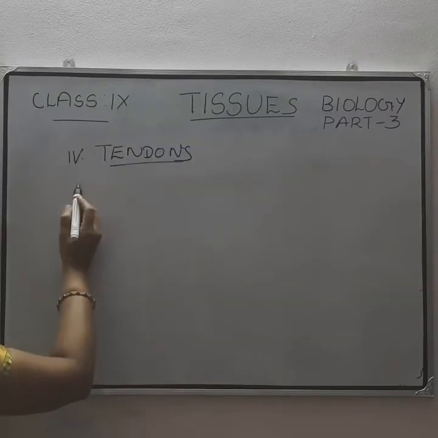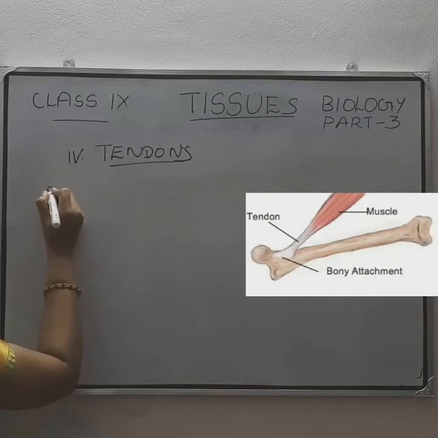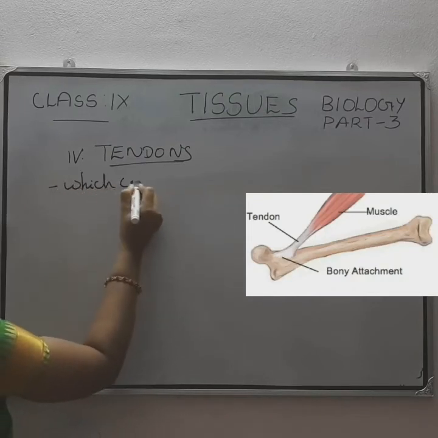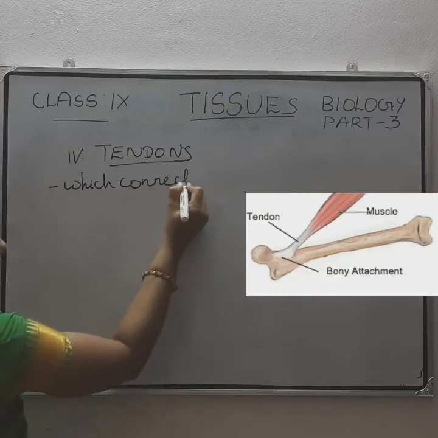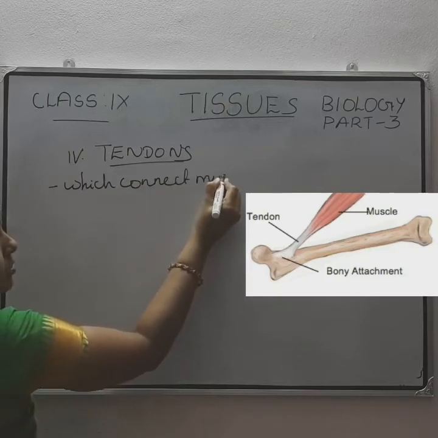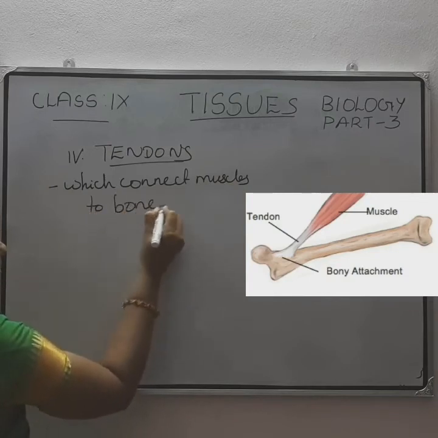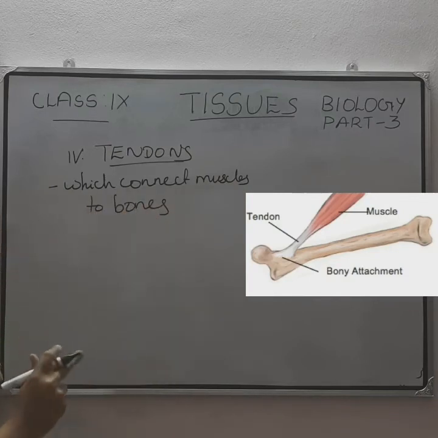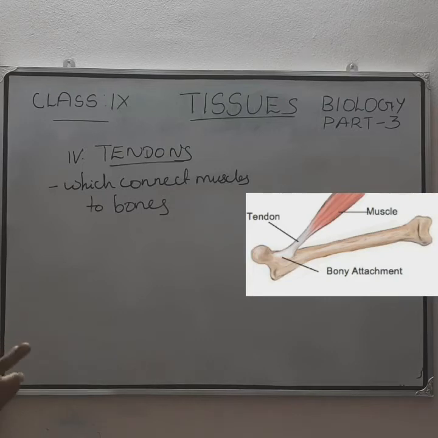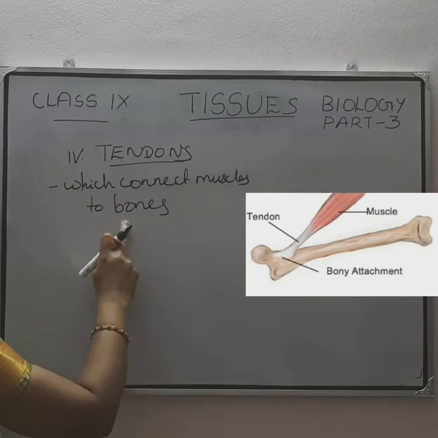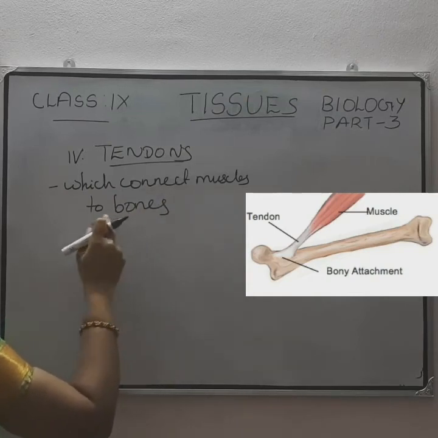Another connective tissue is tendons. These are also connective tissue which connect muscles to bones. Ligaments connect what? Two bones to each other. But here, tendons connect muscles and bones.